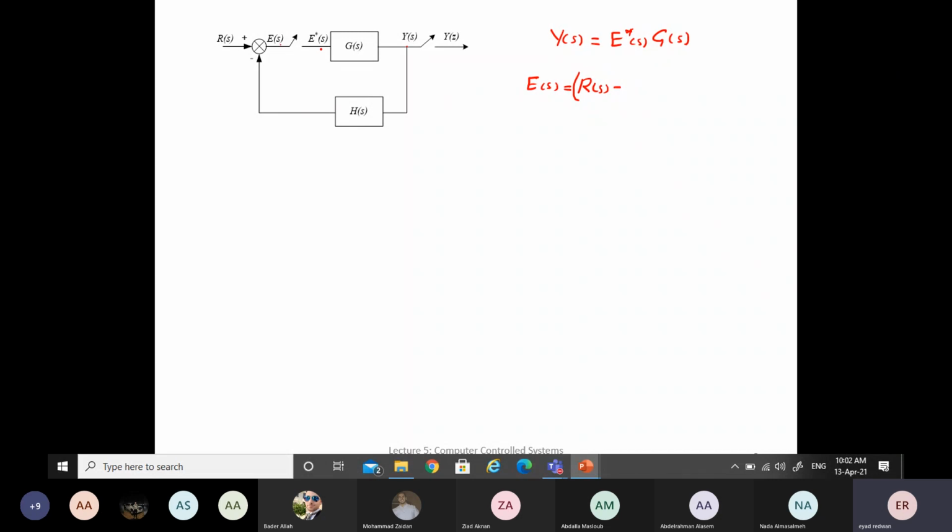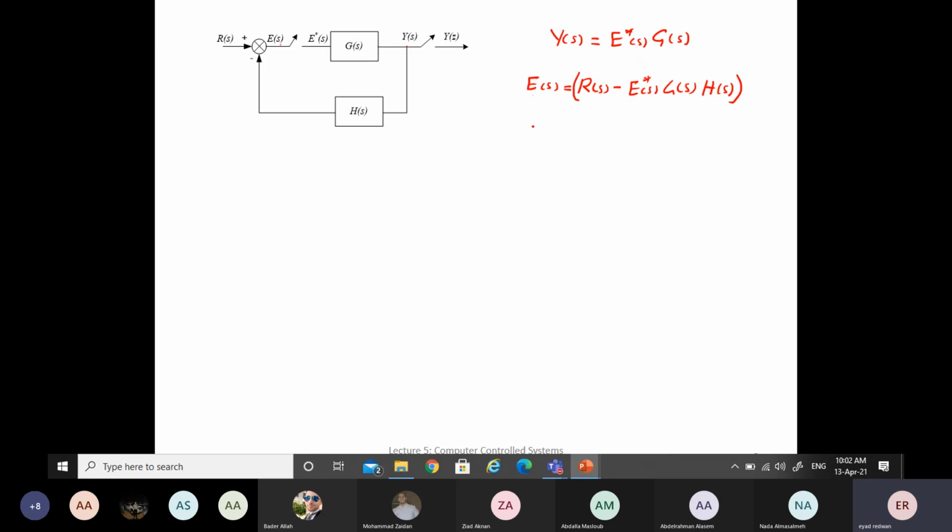What comes from here is E star G of s times H of s. So it is E star of s times G of s times H of s. This is E of s, as you can see.